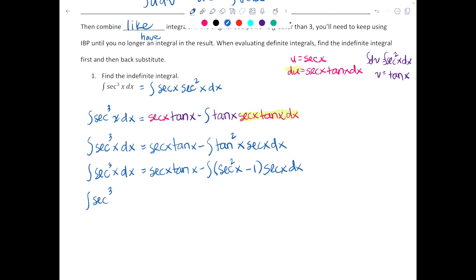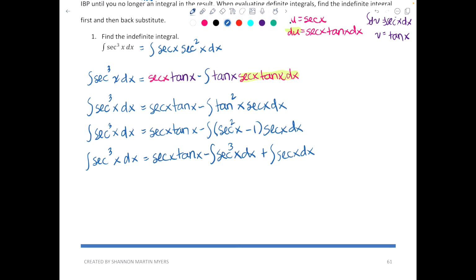Continuing, almost there, we'll split the integral, so we're at that expand portion of the show here. So we'll have minus the integral of secant cubed at x dx, minus a minus is plus, and then we'll have the integral of secant at x dx.